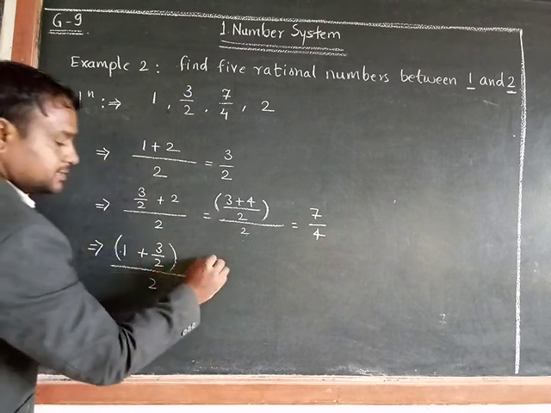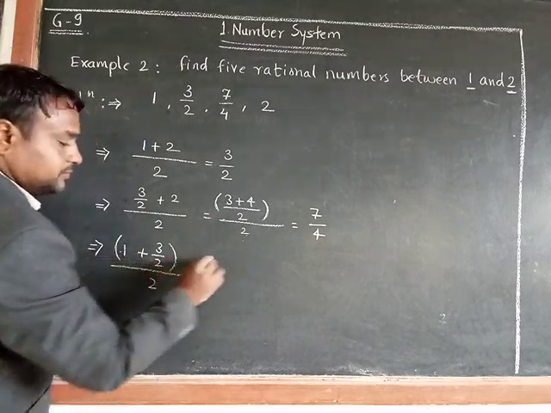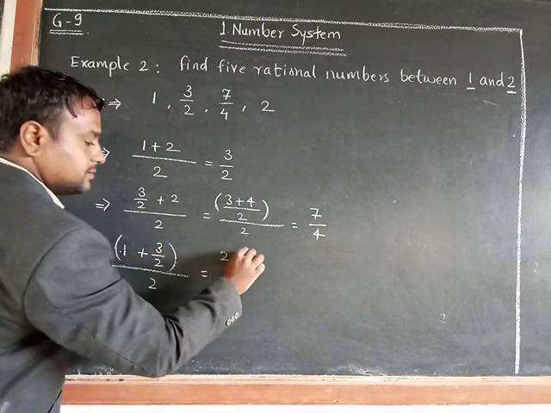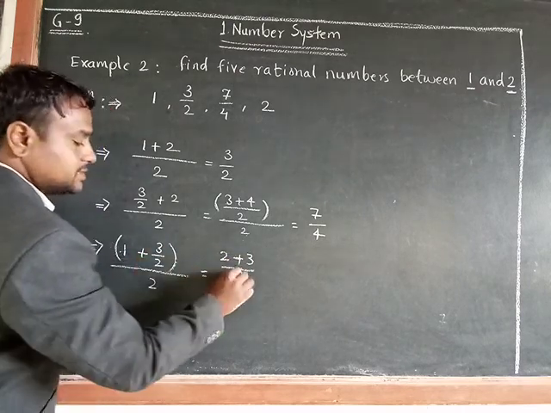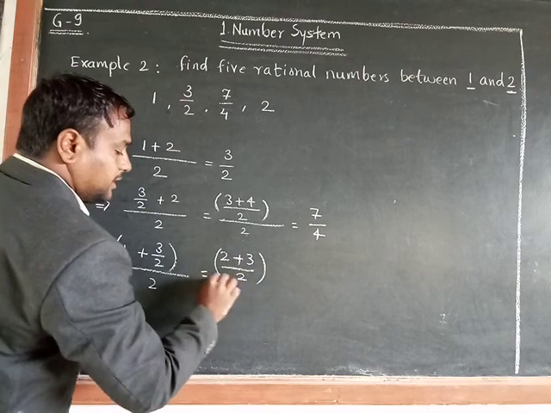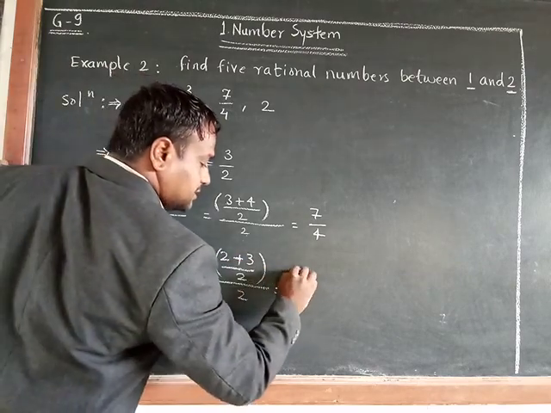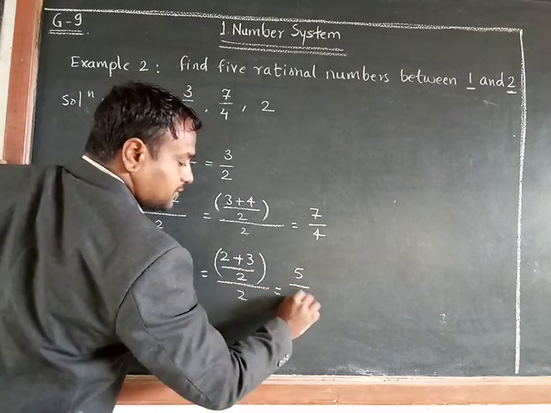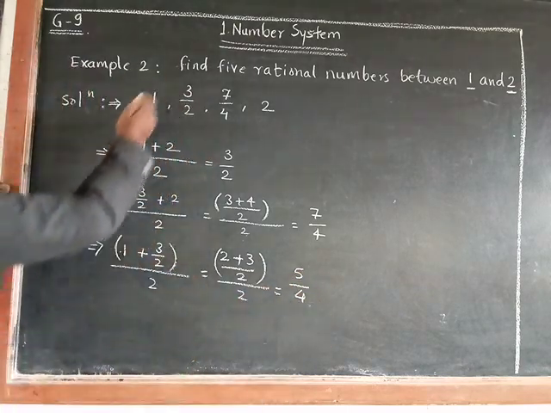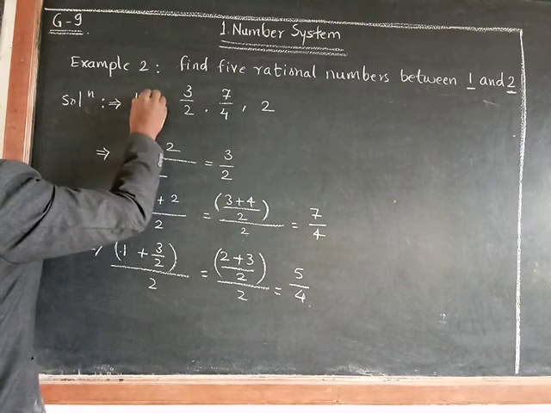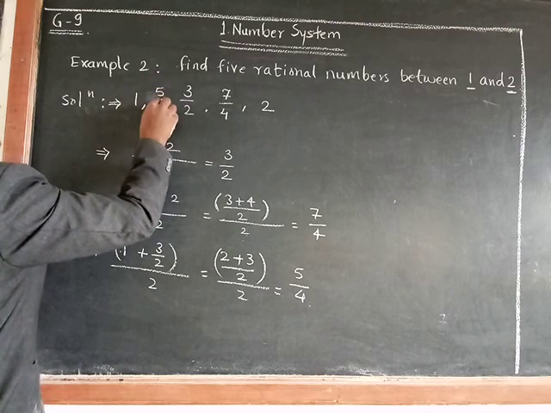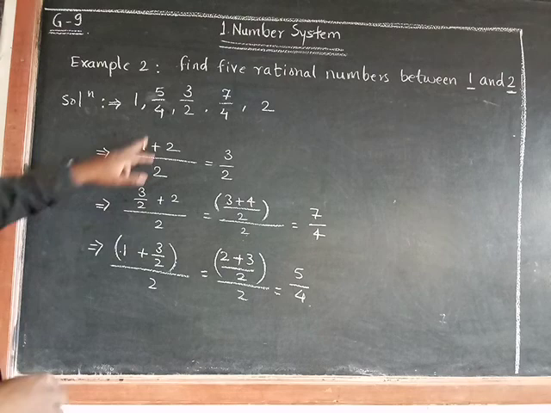We can solve here: 2 into 1 is 2, plus 3, that is 5 upon 2, divided by 2. So 2 twos are 4, and we get one number, 5 upon 4. So that is also a number.